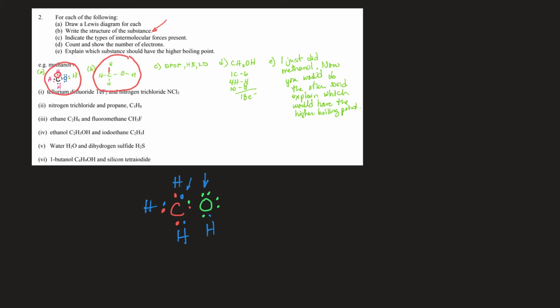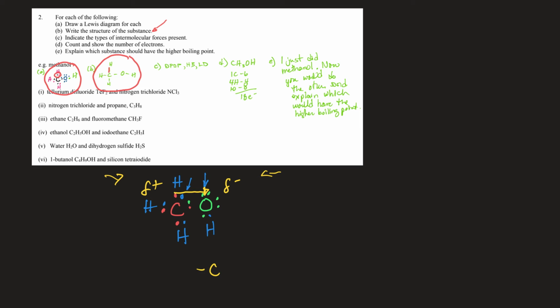So the electrons would be pulled more toward the oxygen than the carbon. And what that does is it creates a partially negative charge on that side, because if you have an extra negatively charged electron, that would make it partially negative, and then this side would be partially positive.